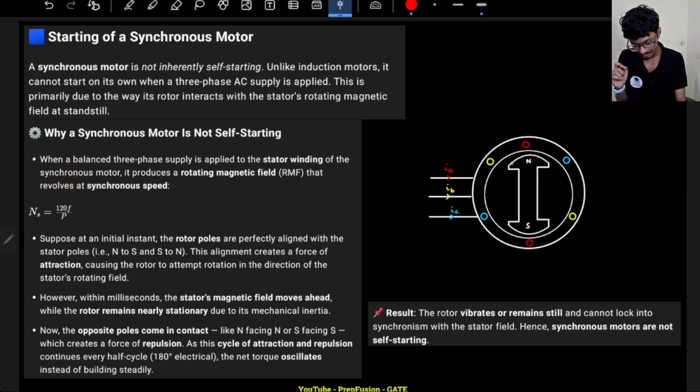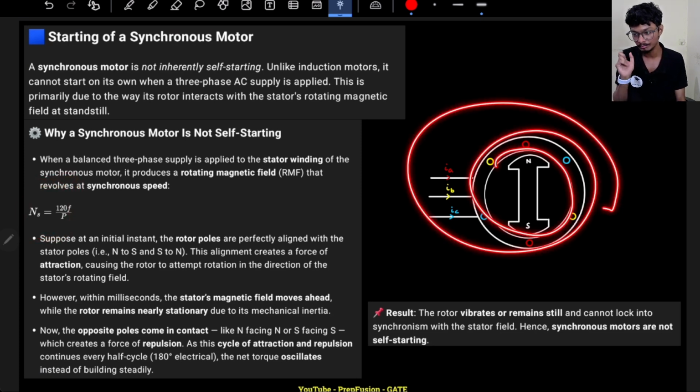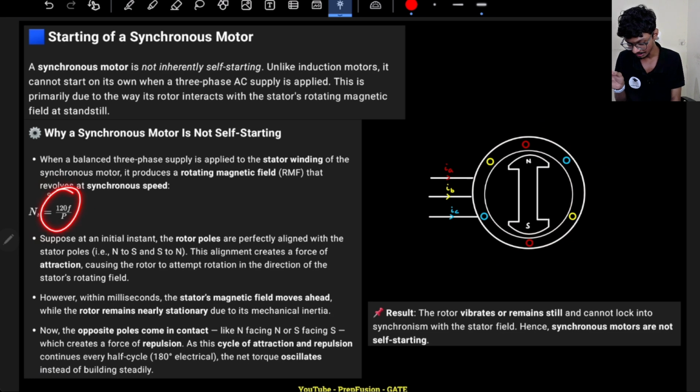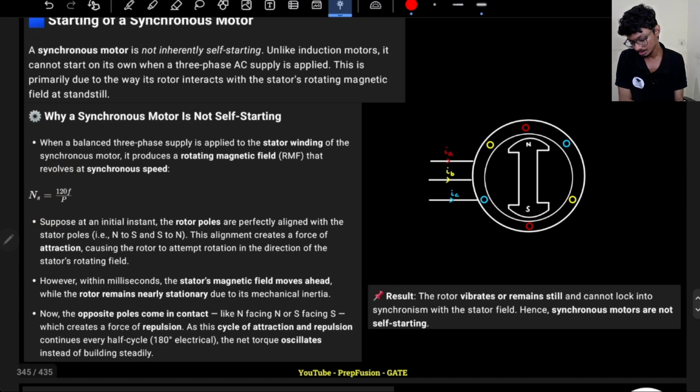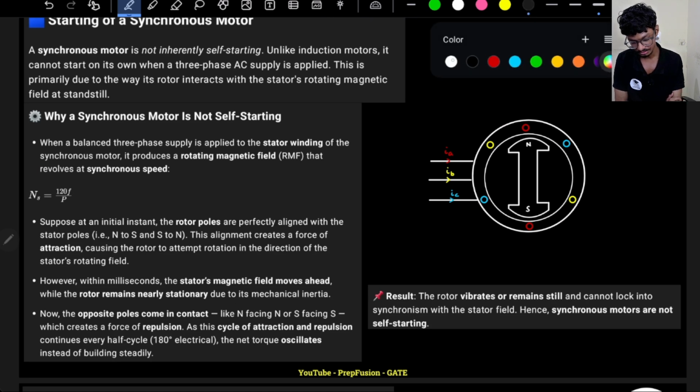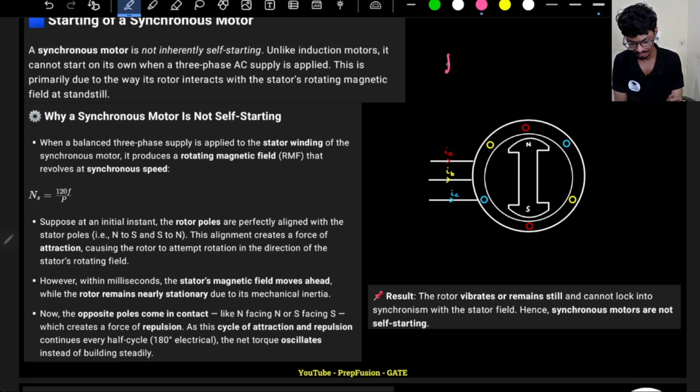So we know that the poles of the stator magnetic field will rotate at a speed Ns, that is 120f by P. What is the speed of the stator magnetic field? Let's say f is 50 hertz and the number of poles is 2.